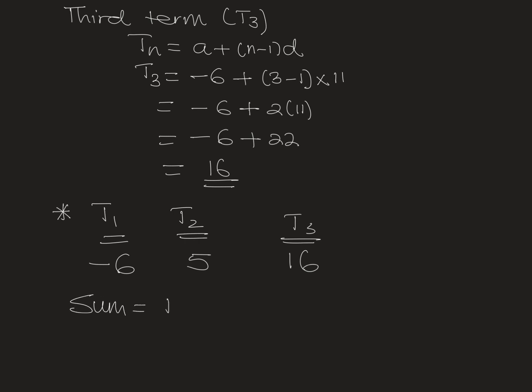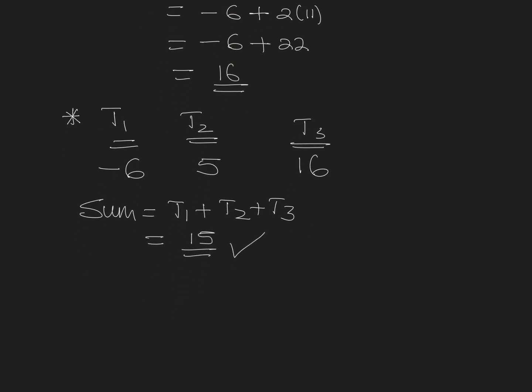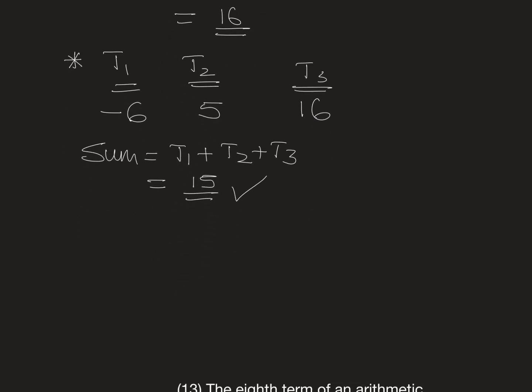The sum is equal to T1 plus T2 plus T3. What will that give us? Minus 6 plus 5 plus 16, that will be a positive 15. So that is correct, because the question says the sum of the first three terms of an AP is 15. The sum of the first three terms is 15.